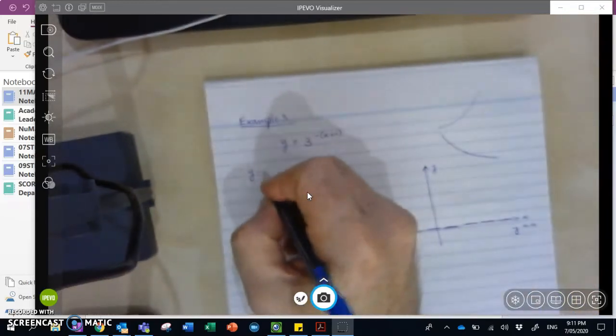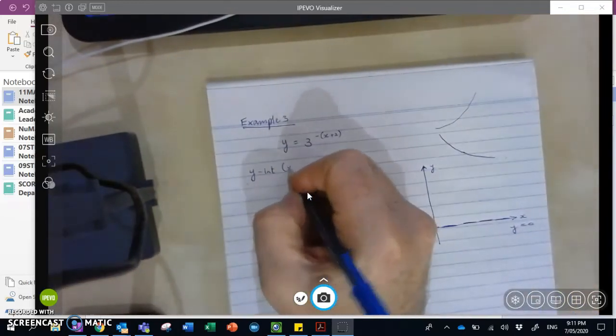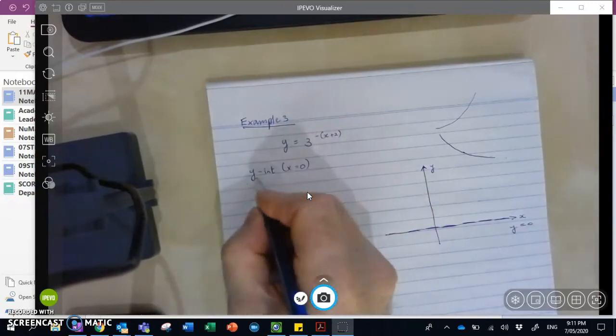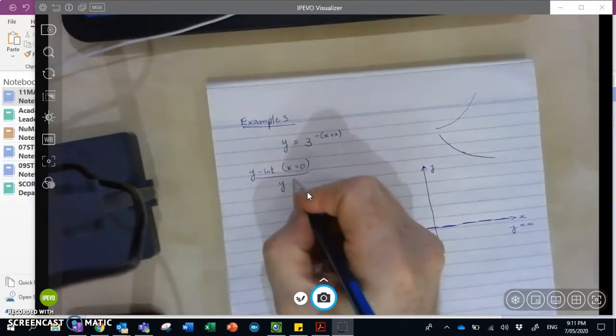Next, to find the y-intercept, we will have x equals 0 to allow us to do that.